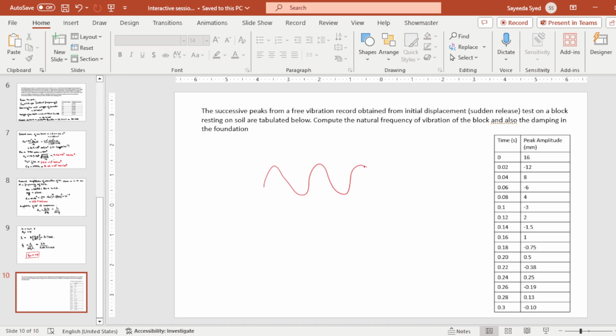So we can say that the interval between two crests or troughs is 0.04 second.